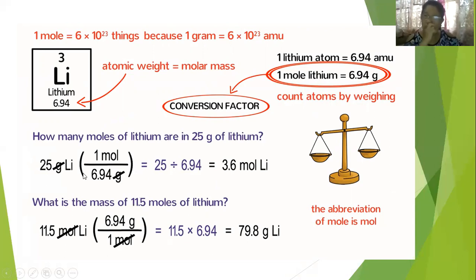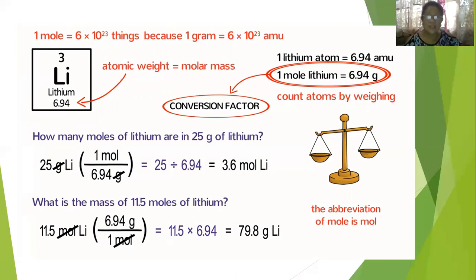You are going to divide by the molar mass, meaning lithium has a molar mass of 6.94 grams per mole. So that 6.94 grams per mole, you can flip it, that is 1 mole over 6.94 grams.